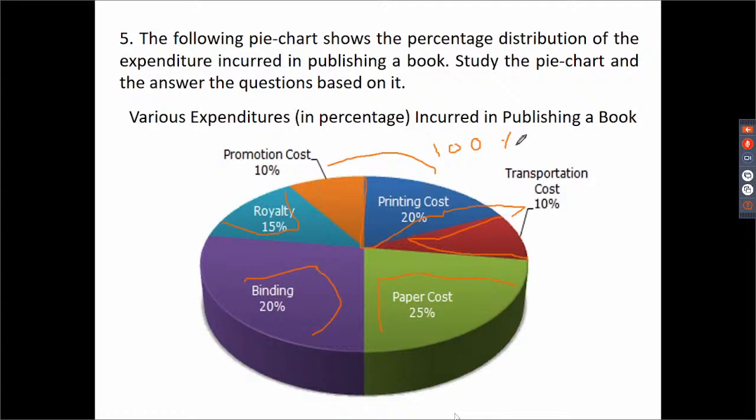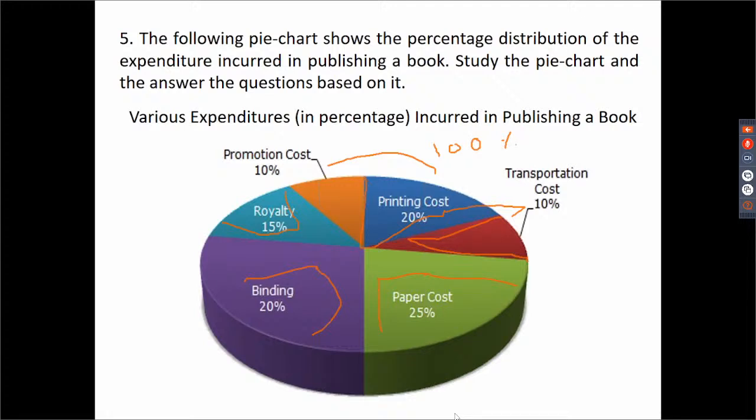Okay. So for example, if the paper cost is 25 rupees, transportation cost is 10 rupees, whenever the price of the book is 100. Whenever the price of the book is 200, the paper cost is 25% of 200. The percentage never changes. The value may change.